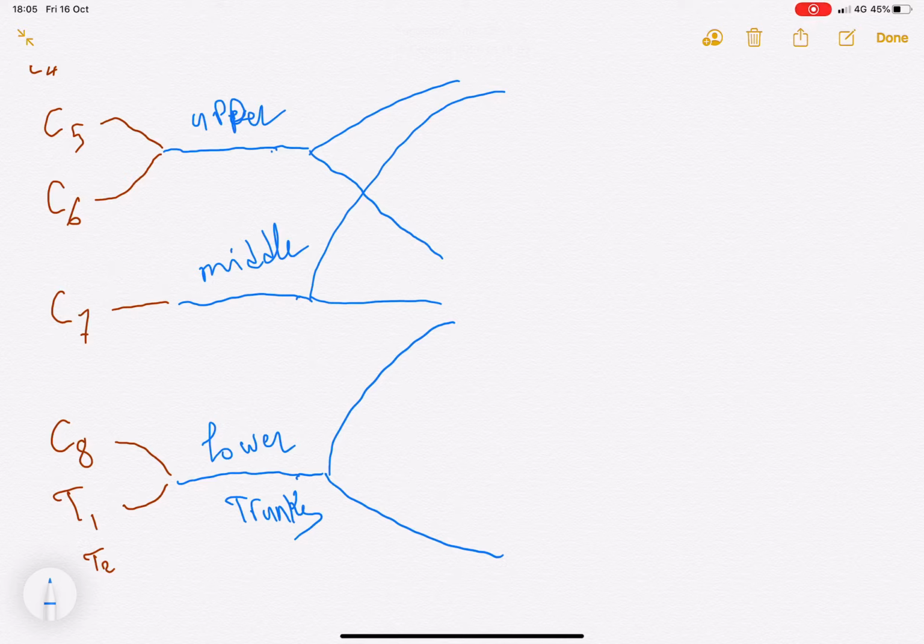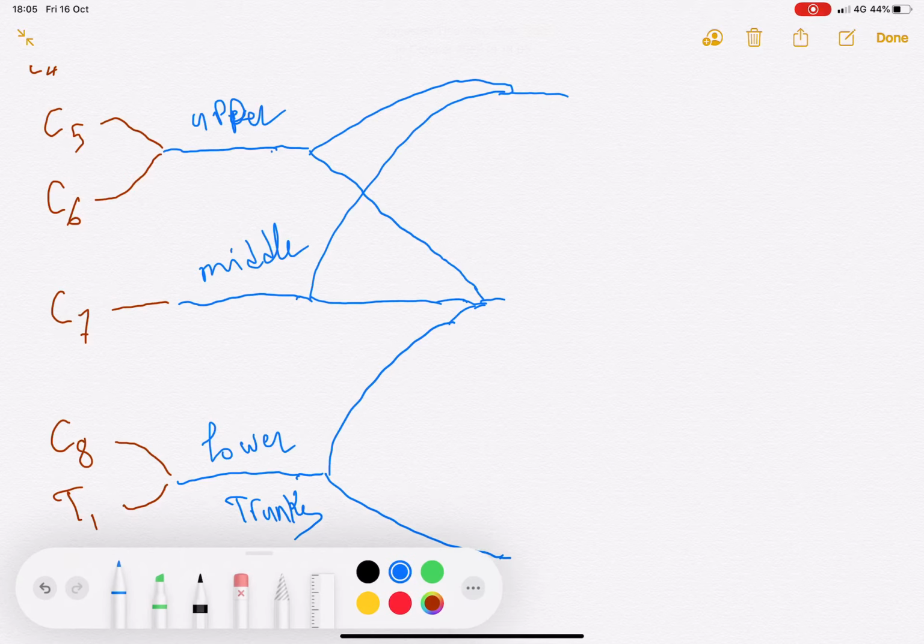The two anterior divisions from the upper and middle form a cord called the lateral cord, while all the posterior divisions of the three trunks join and form the posterior cord, and the anterior division of the lower trunk forms the medial cord.